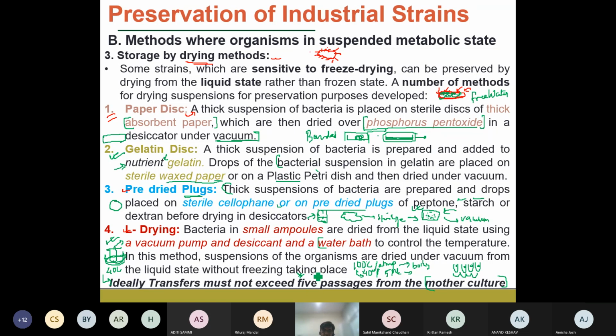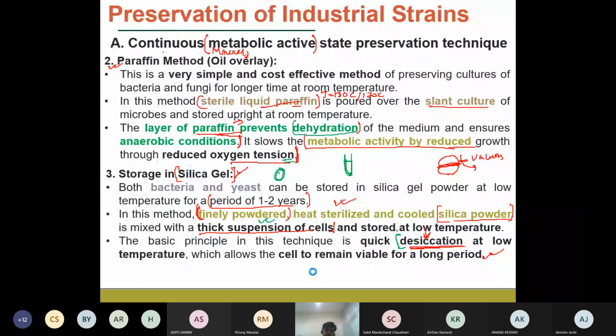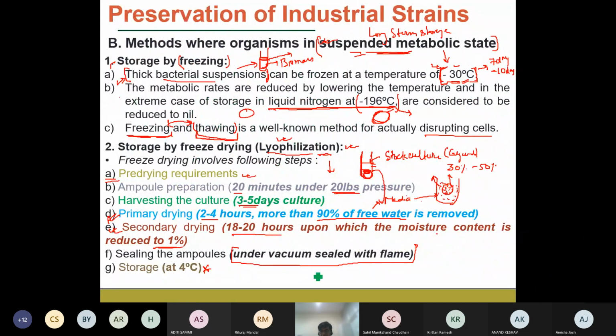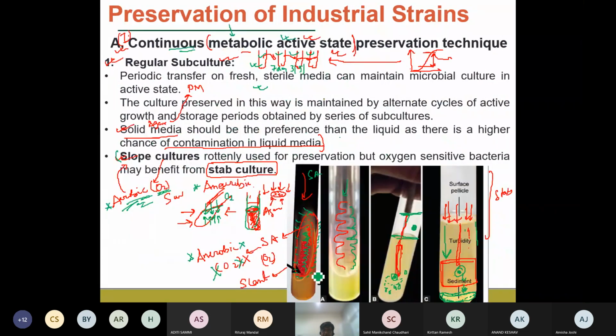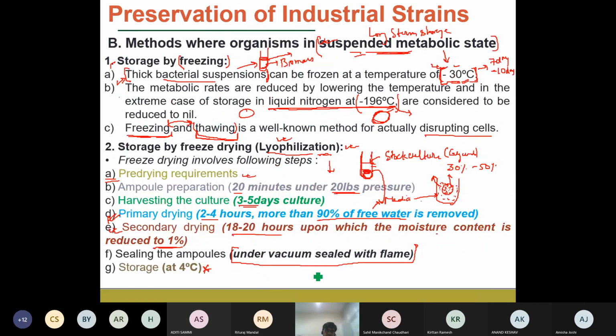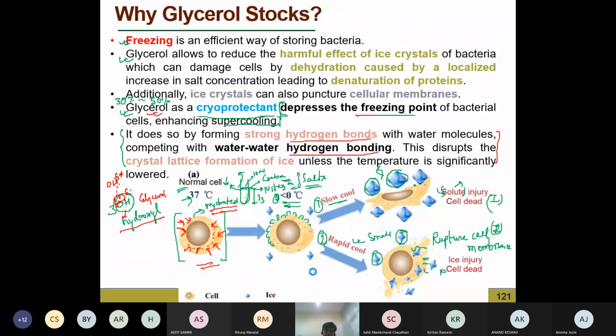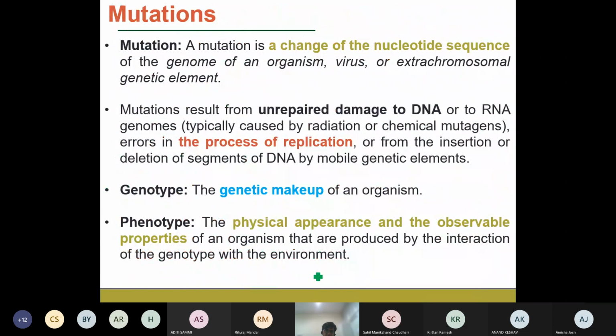So this comes to the end of the topic of preservation techniques and how we can preserve industrial strains. What is the very basic mechanism? Whether you are working with aerobic or anaerobic cultures, and in the case of solid media, we have two options, the slope culture and the stab culture, and the other methods of freeze drying, the importance of glycerol, and so on.